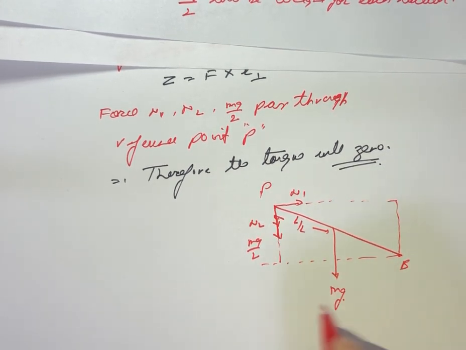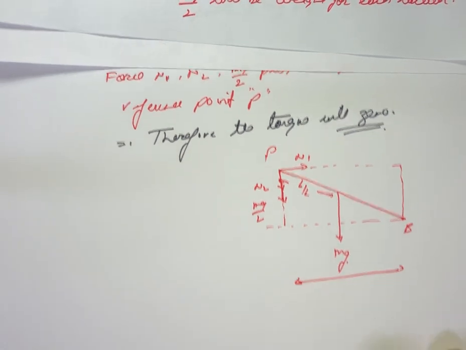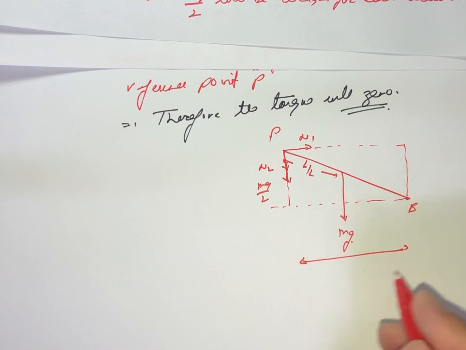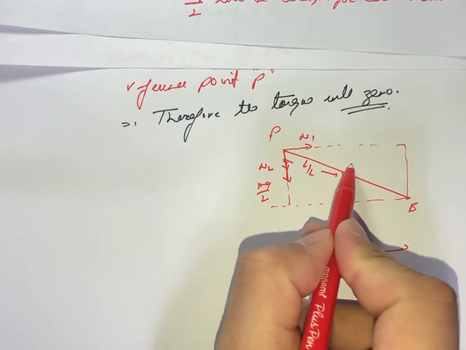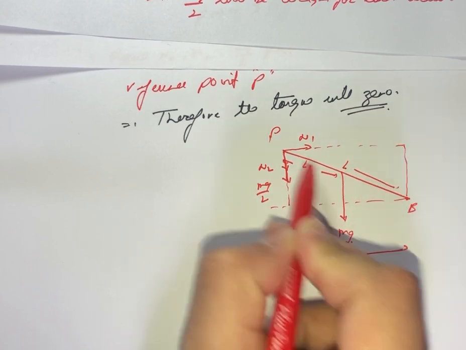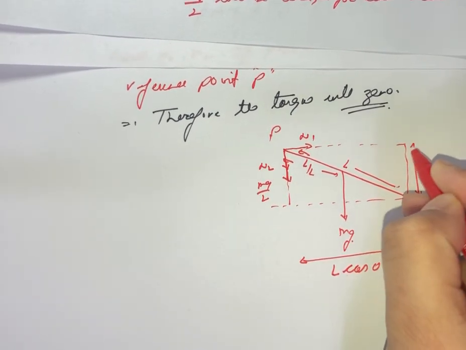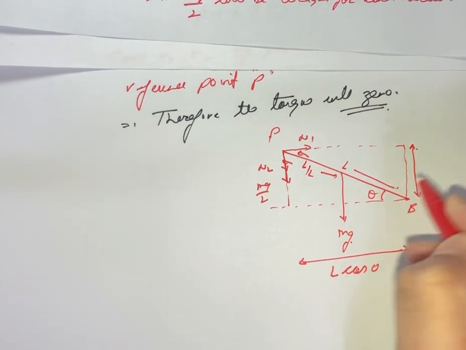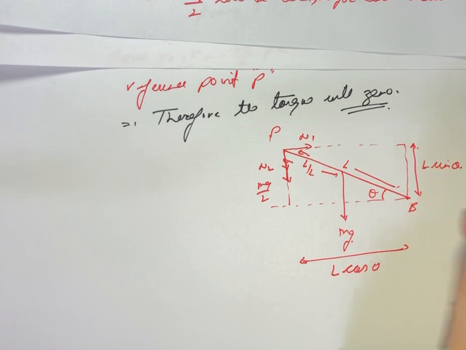So we can say this total distance will be L cos of theta, because total length is given as L, and this distance, because this is theta, we are going to have L sine of theta.